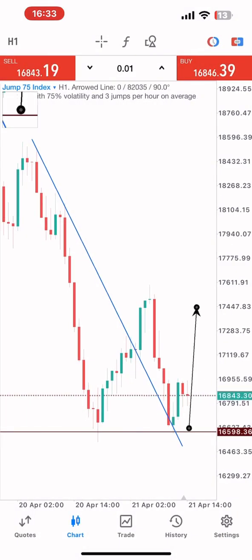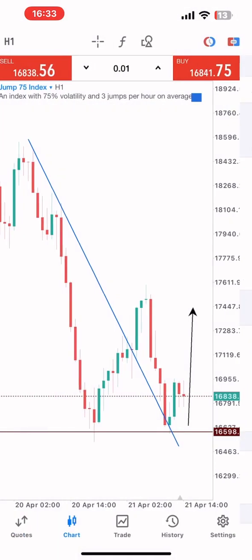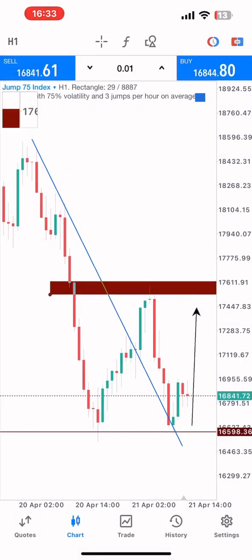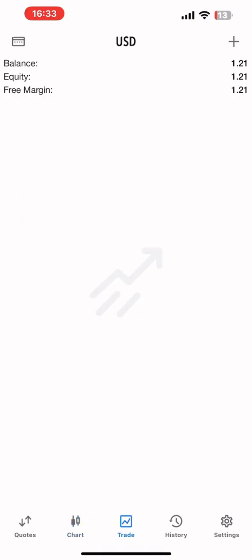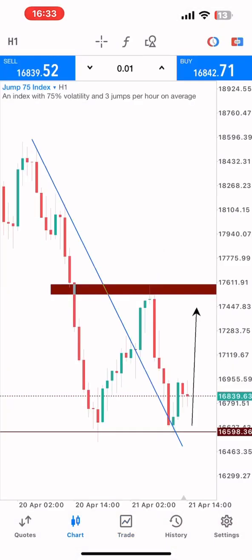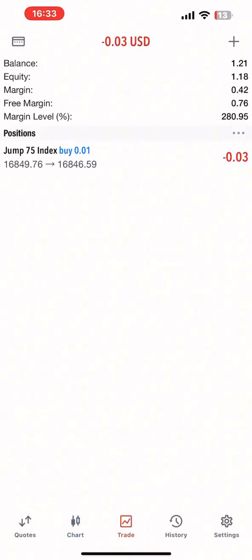That's when the entry was, but it seems like I'm now a little bit late. But no, the trade has a probability of being confirmed. So I'm going to enter Jump 75 with the lowest lot size, and I will see how the market is going to react to my analysis.